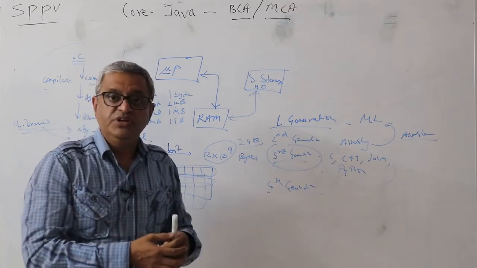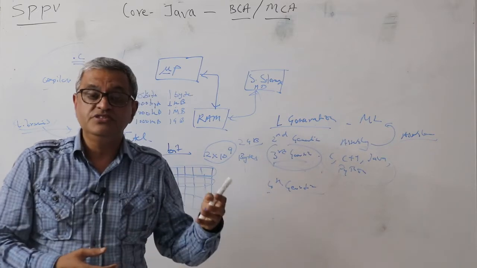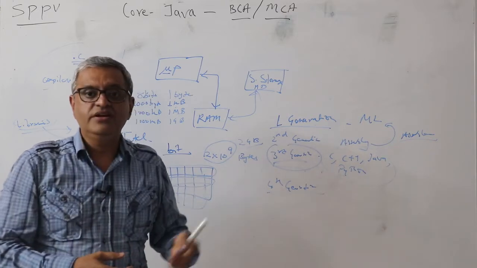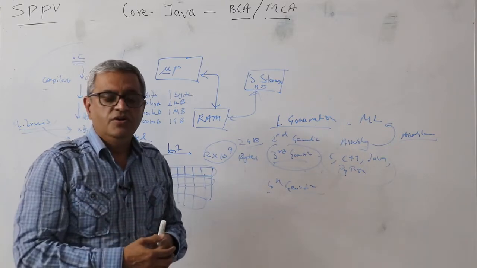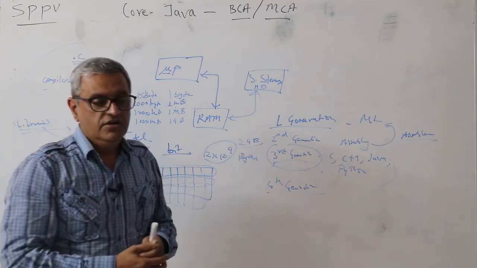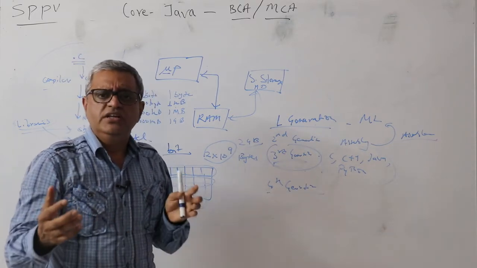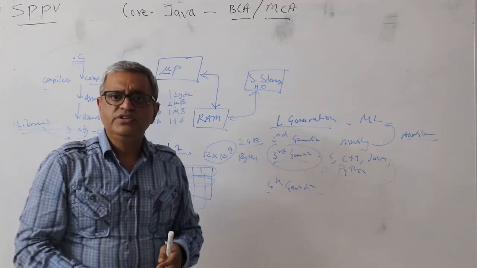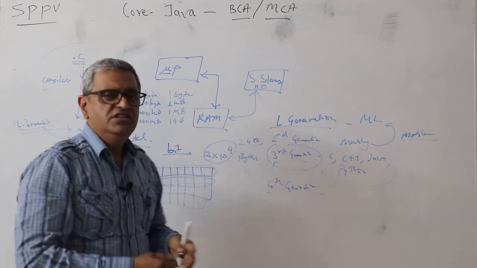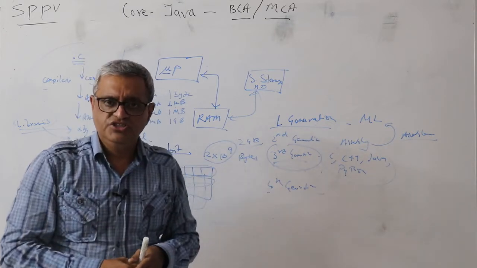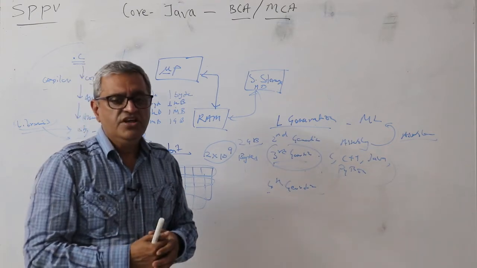So you just have to instruct that I need to insert a record, or delete a record, or update a record, or I need to create a database or a table. So SQL is basically a fourth generation language. So these are the four generations of languages.